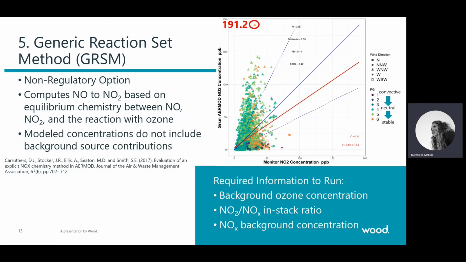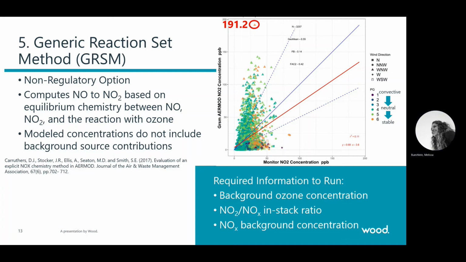The final method we looked into was the generic reaction set method, or GRSM. This is also a non-regulatory model option, and it computes NO to NO2 based on the equilibrium chemistry between NO, NO2, and the reaction with ozone.